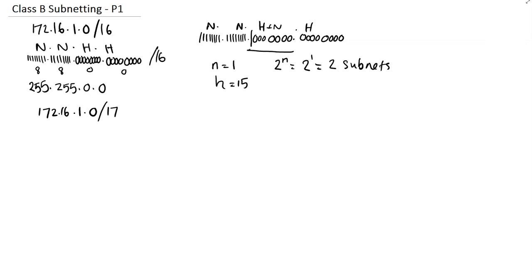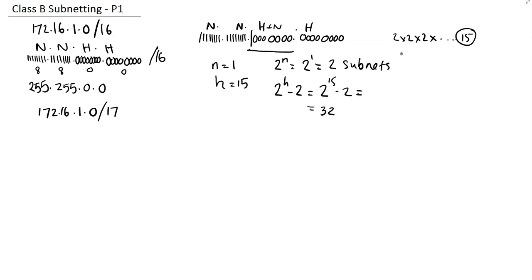And in each subnet, you will have 2 to the power H minus 2 valid hosts. So we'll say 2 to the power of 15 minus 2, which is 2 times 2 times 2 until 15 times. So count 15 times. And if you do that, that's going to be 32,768.